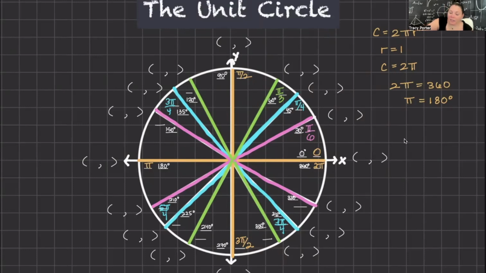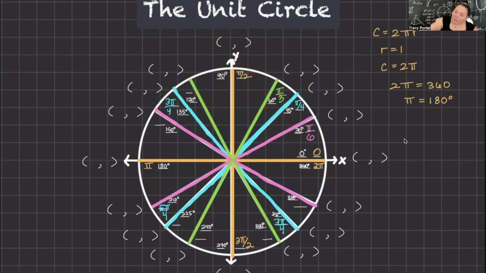But we have to fill in the rest of all of the radian measures. So to do that, since these are all the same distance, they're all pi over 6, we can just count by pi over 6. So we already did this one. That's 1 pi over 6, 2 pi over 6, 3 pi over 6, which is just pi over 2. So this is 4 pi over 6, but 4 pi over 6 is simplified to 2 pi over 3.